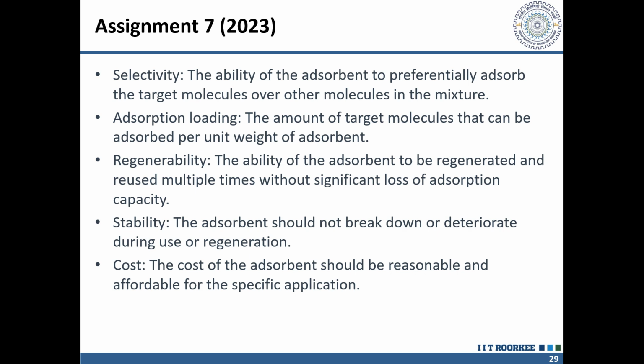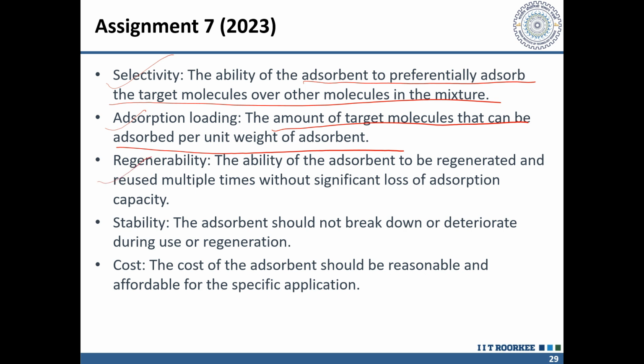So now we have seen why selectivity is important: the adsorbent should preferentially adsorb the target molecules over the other molecules. Second, adsorption loading is important because the amount of target molecules that can be adsorbed per unit weight of adsorbent is also our main criteria.